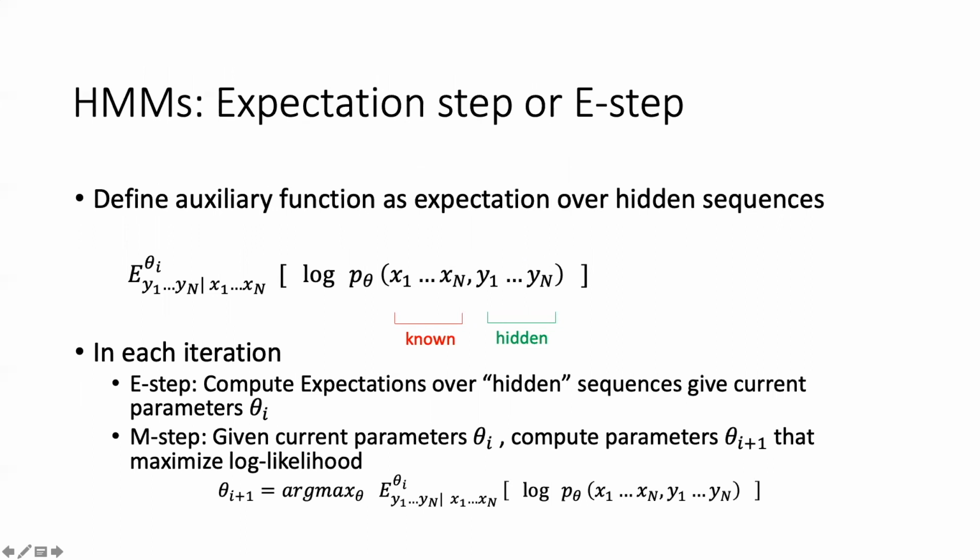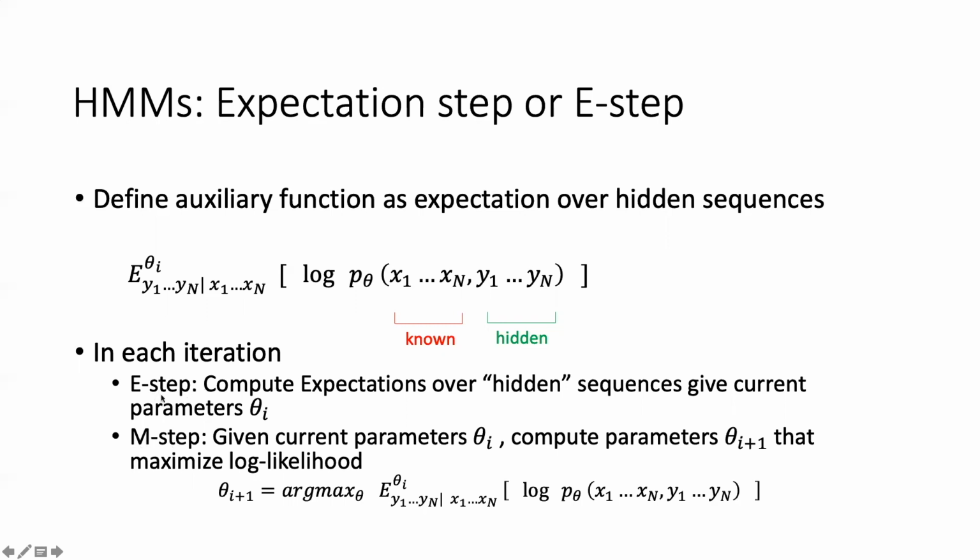In order to solve using EM, we have to define an auxiliary function. In this case, it's an expectation over the hidden state sequences of the joint distribution, where the observations are known and the state sequences are hidden and unknown. In each iteration, we have an expectation step and a maximization step.